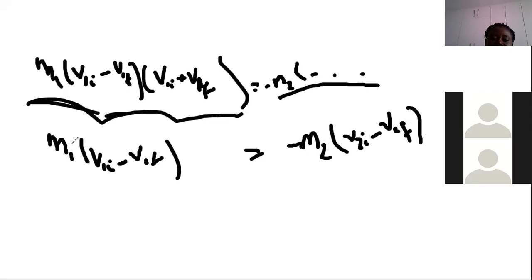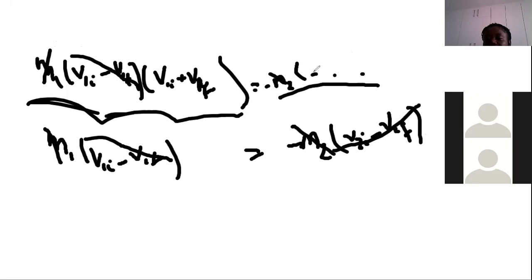So by dividing that, you see that the M1 cancels out. Then this one here cancels out with that one. So we do the same on this side, equal sign. Then this one cancels with it. And also where there is V2 initial cancels out with that value.